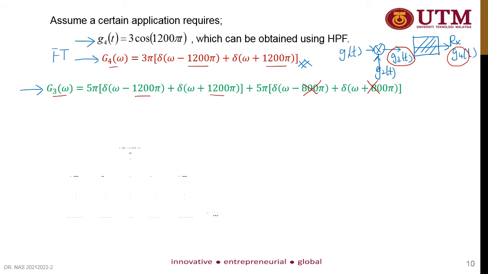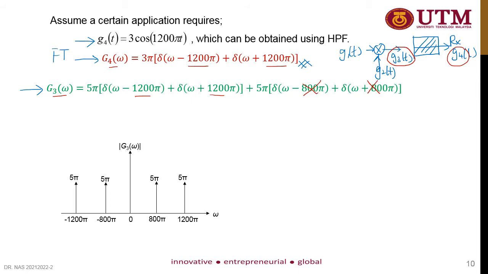So this is the complete spectrum G3, and you need to apply a filter so that only the higher frequency component will be selected and the lower frequency component will be removed. And please take note as well of the amplitude of the output.